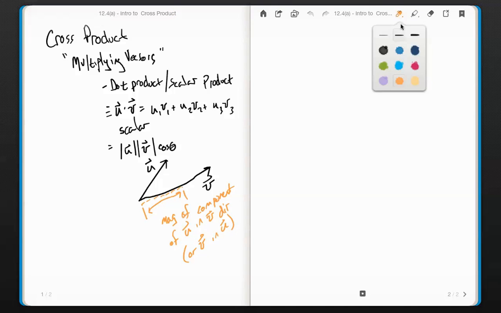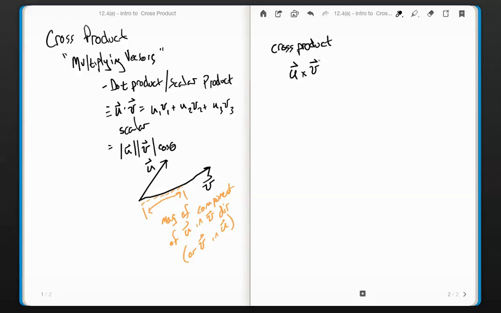Comparing that now to our new topic for the day, the cross product. What does that work out to be? We write that as u cross v.